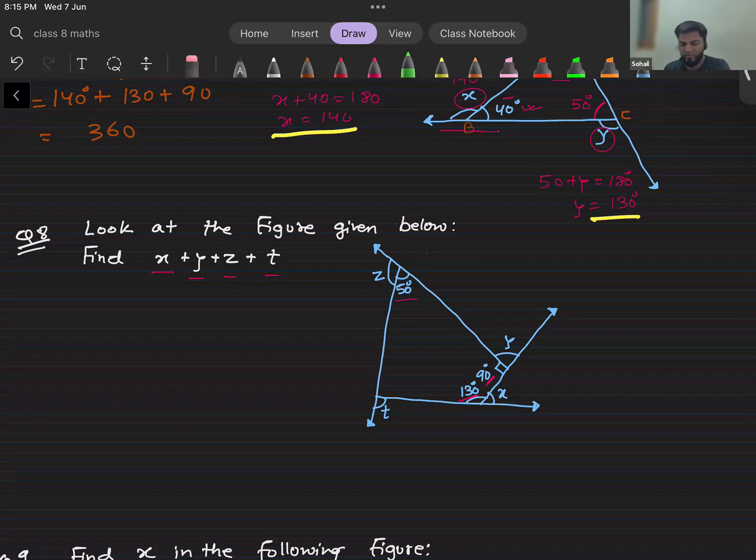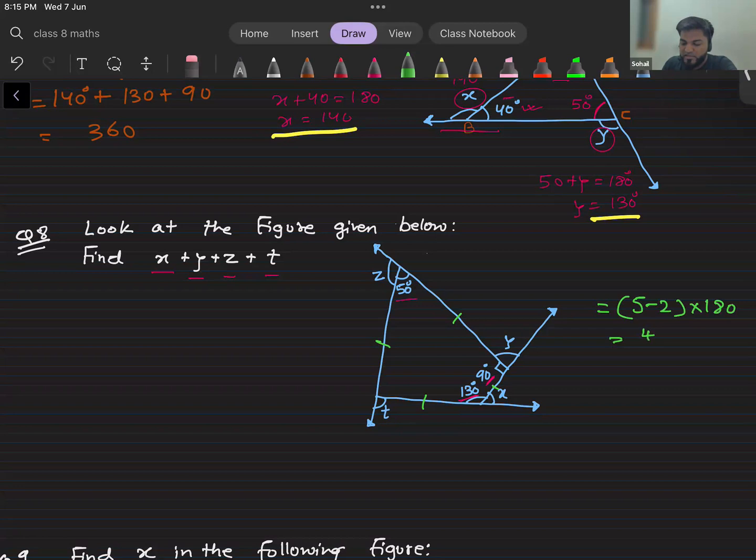Okay, let me explain how we are solving this one. Look, first notice the interior angles. In a quadrilateral, we know the sum of all the interior angles is 360 degrees. This is a quadrilateral having 4 sides here. The sum of interior angles is found by sides minus 2, multiplied by 180.